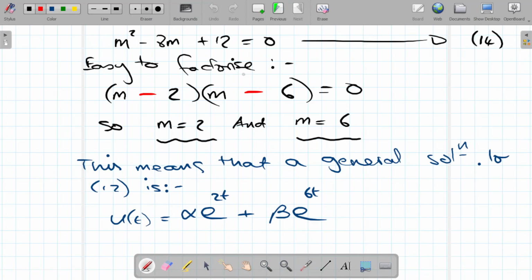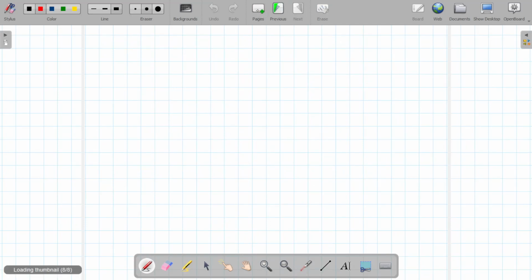So let's go on to the next page. From, did I call that equation 5? Yeah.